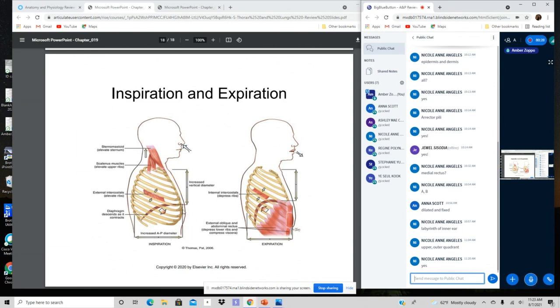On the other hand, with expiration, the intercostals will depress the ribs and move them down, and the external oblique and abdominal rectus muscles will ascend rather than descend like they do with inspiration.